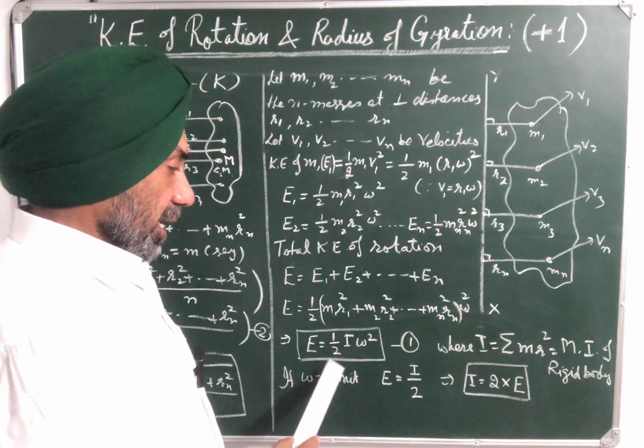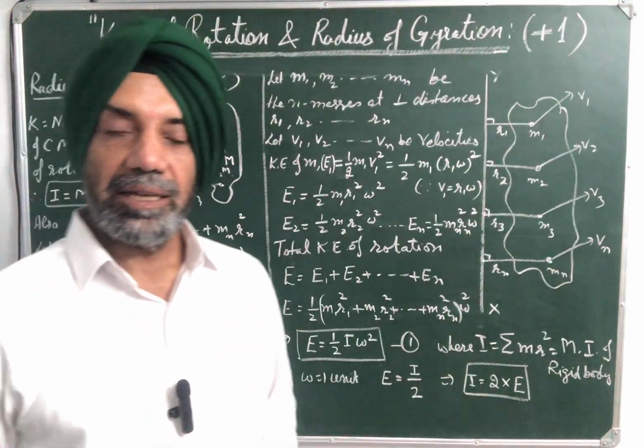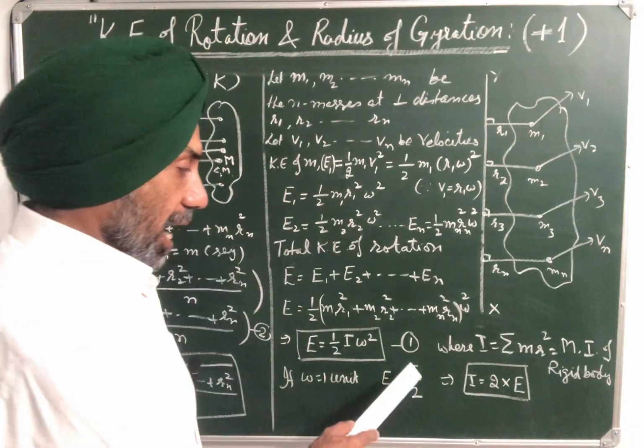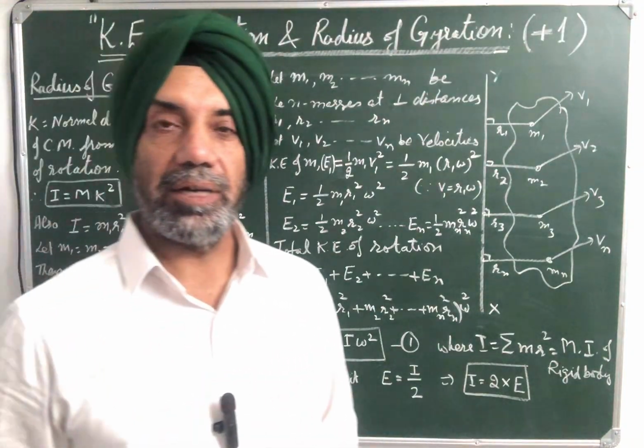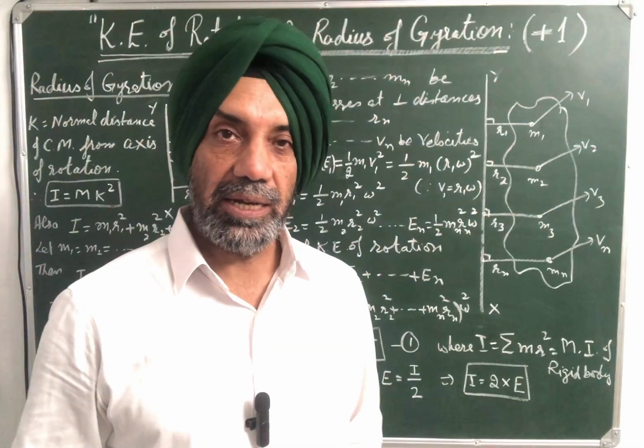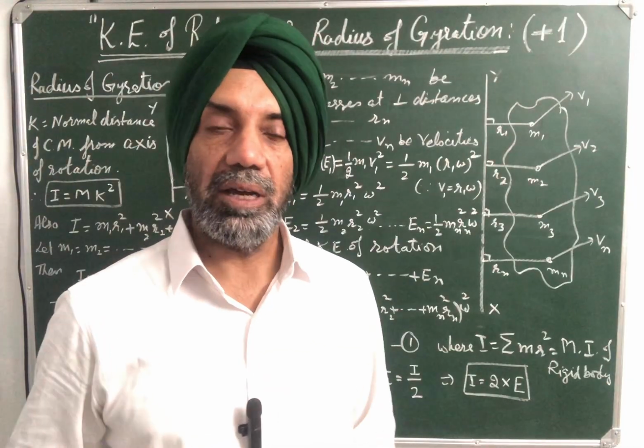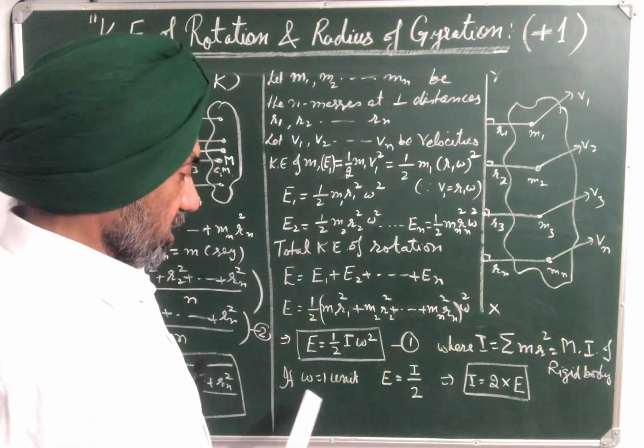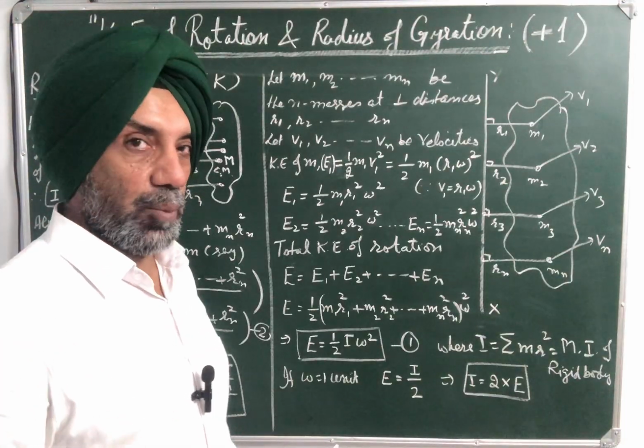Or you can say kinetic energy of rotation of the rigid body is equal to half its moment of inertia about the axis of rotation when it is rotating with unit angular velocity. So this gives another definition for moment of inertia.